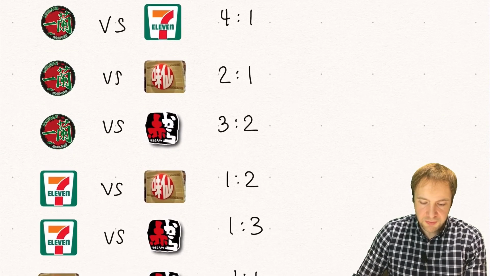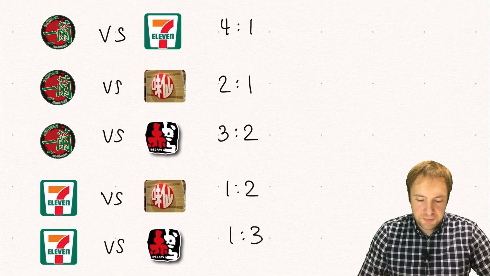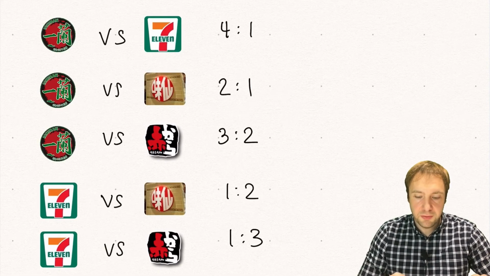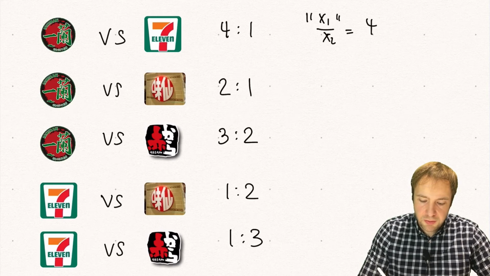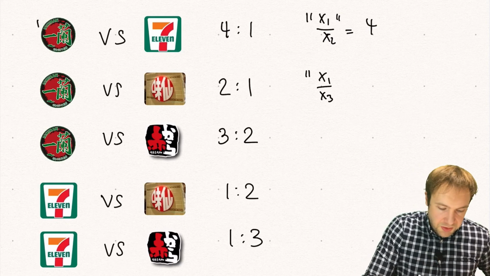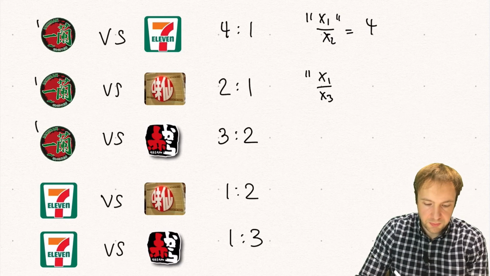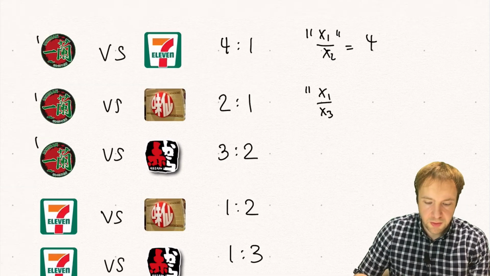So what these numbers now give are approximations. This is an approximation for x1 divided by x2, which is given by 4, and here an approximation for x1 divided by x3. So each one was 1, and so this is how was the ordering?